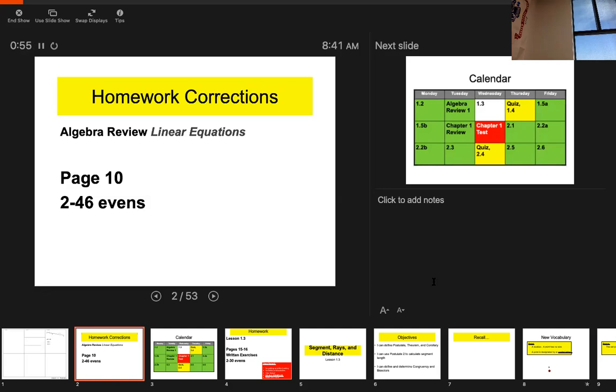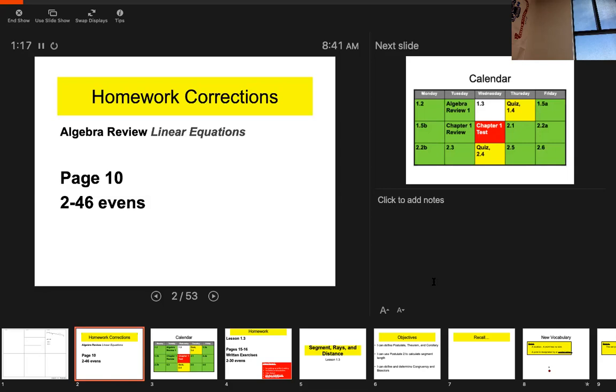Number 12, a equals -25. Number 14, b equals 3. Number 16, k equals 7. Number 18, k equals 4. Negative divided by negative is a positive. Number 20, e equals -27.